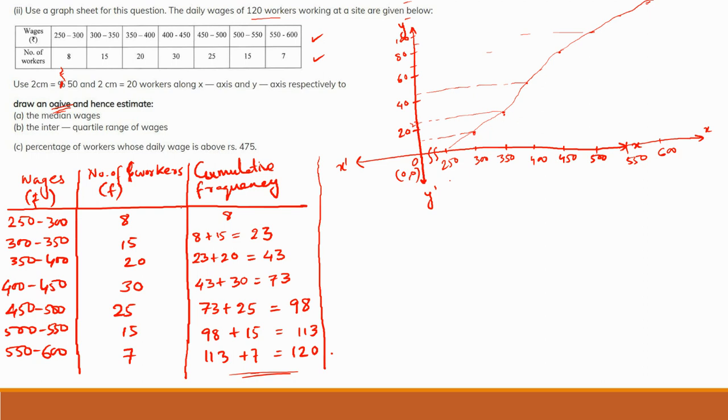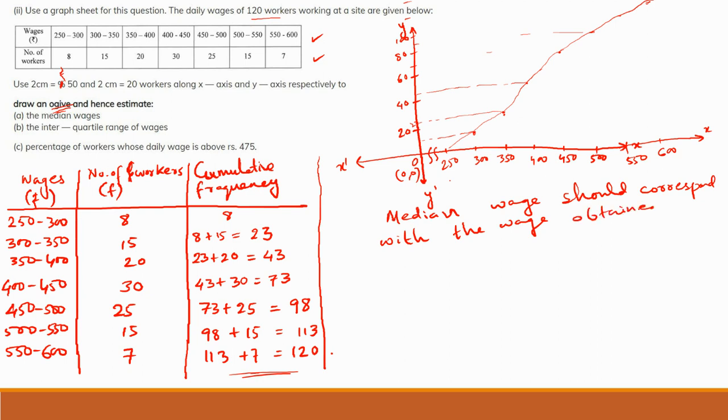Okay. So now what is the median wage? The median wage should correspond with the wage obtained by the n by 2th term, or 120 divided by 2, or the 60th worker.